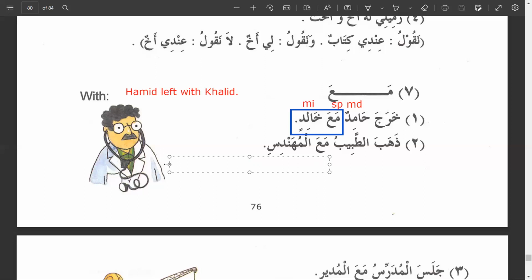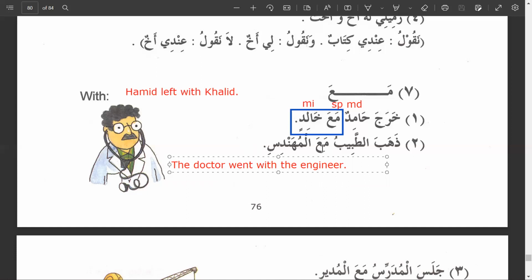The doctor. Zahaba is went. The doctor went with the engineer. Okay.